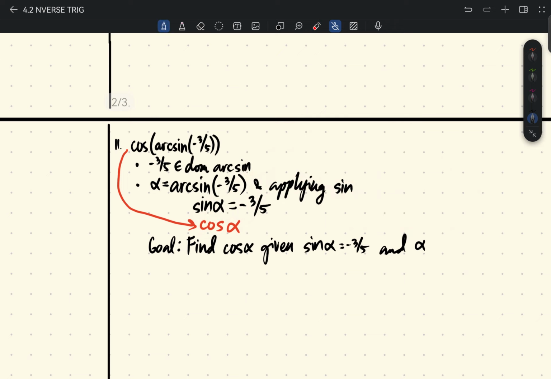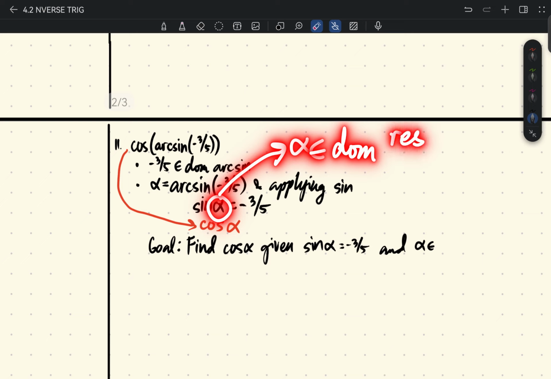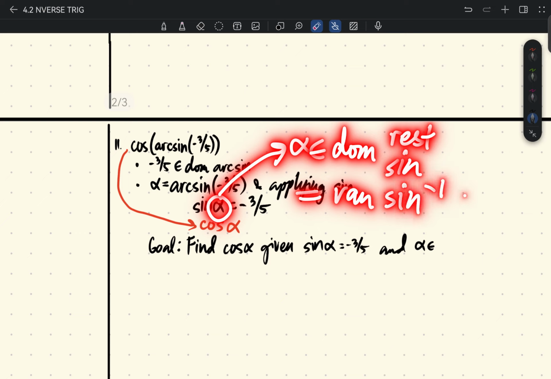Sorry, I made a mistake here. Take note, this is your alpha. So you want alpha to be in the domain of your restricted sine, which is the range of sine inverse, which is negative pi over 2 to pi over 2.